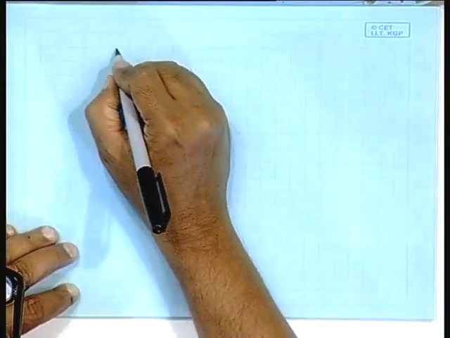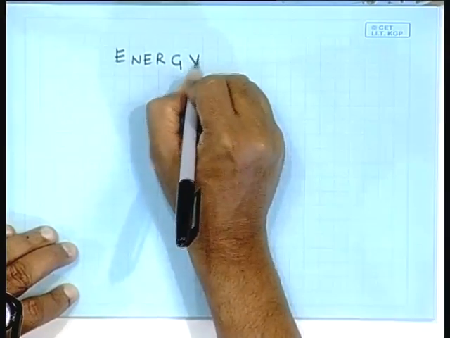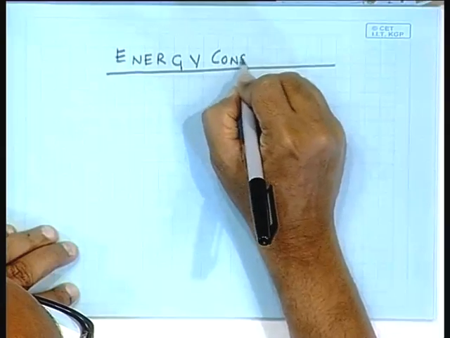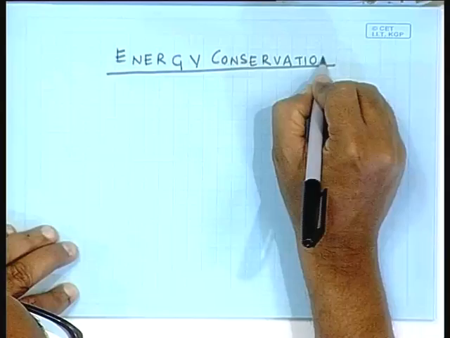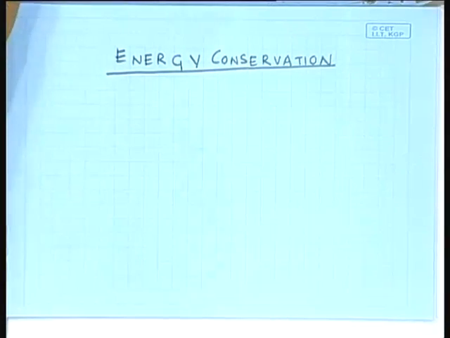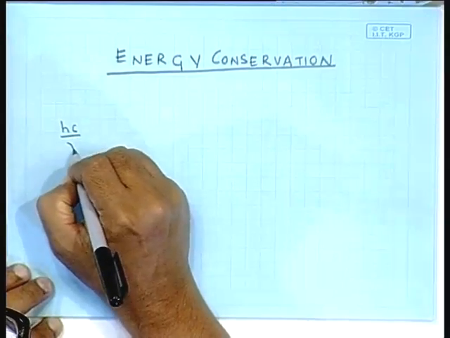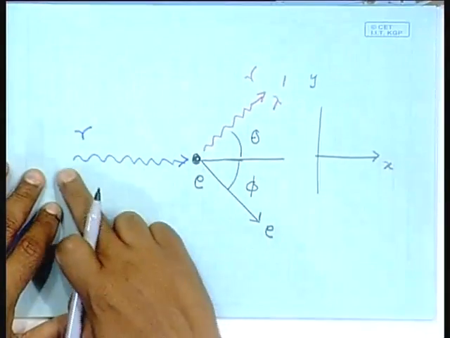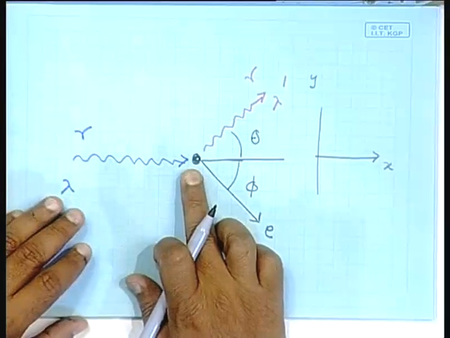So, we are doing the conservation of energy, and the incident photon has energy hc by lambda. Now, what is the energy of the electron to start with?